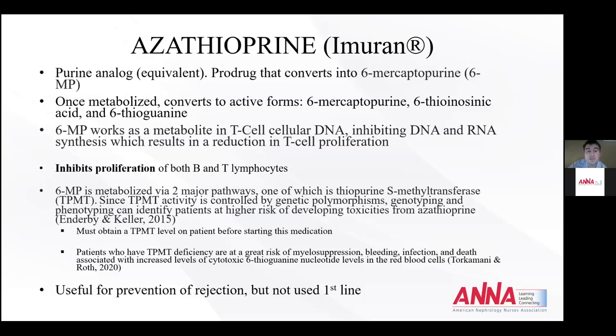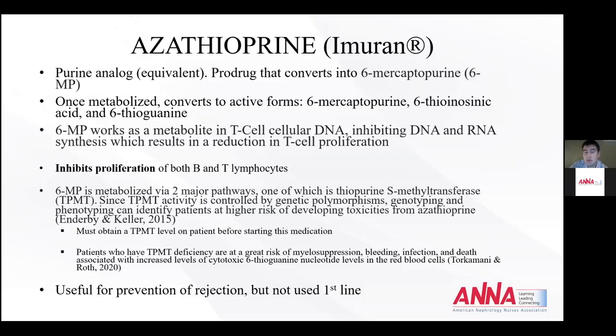And the reason for that is patients who have a TPMT deficiency have a great risk of myelosuppression, bleeding, infection, and death. And when you have toxic levels of those 6-thioguanine nucleotides inside the red blood cells, it will actually cause a lot of dyscrasias. So it really messes up your bone marrow, and it can cause death.